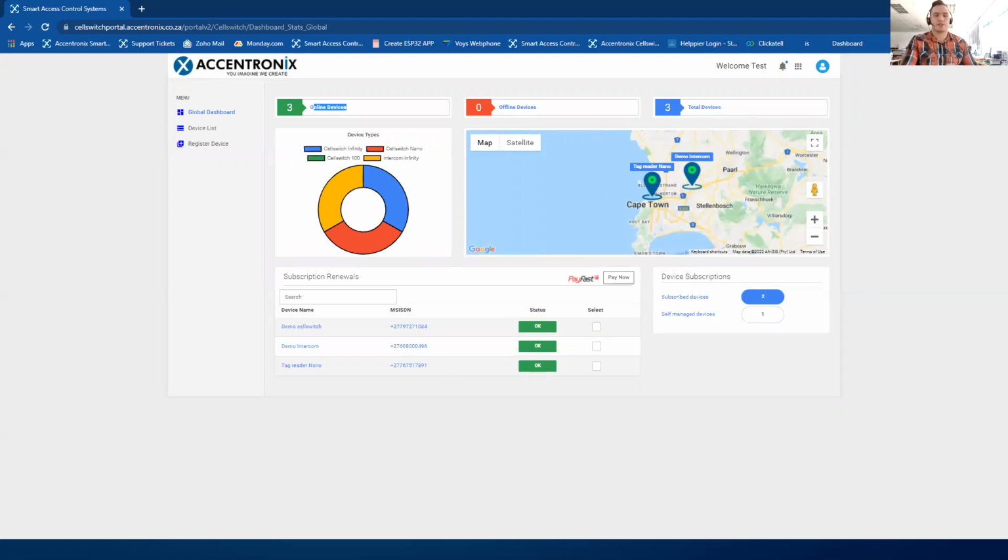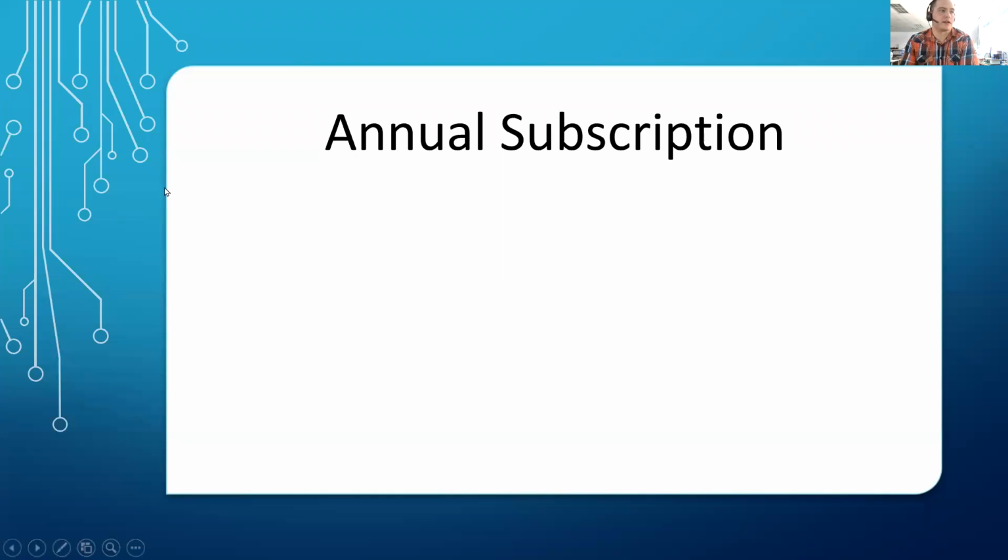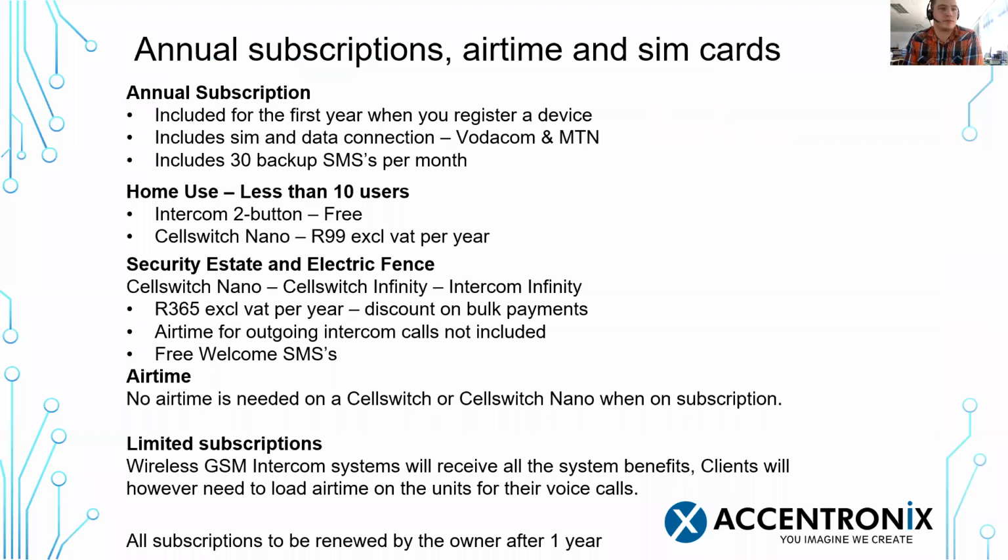Okay, just going back to the slide, we'll now cover the annual subscription of these devices. All these devices are provided with SIM cards already. Very important to note is that all SIM cards provided have a date of activation.